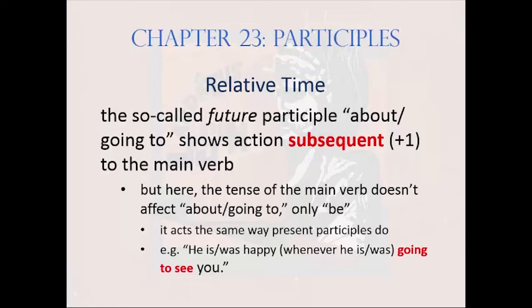Whether you say, he is happy, going to see you, meaning he is going to see you, or he was happy, he was going to see you, only the is or was changes along with the main verb. Ugh, that's complicated. We'll go over the concept of relative time several times, so if you didn't get it right here, no fear. We'll attack it again, and again, and again.